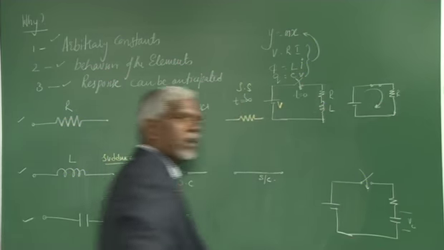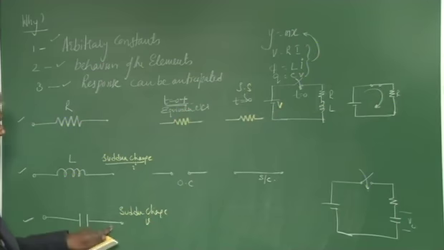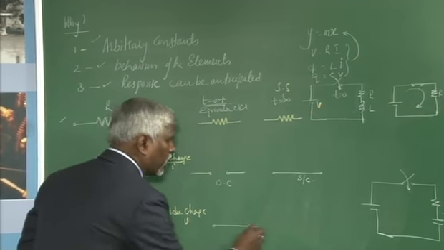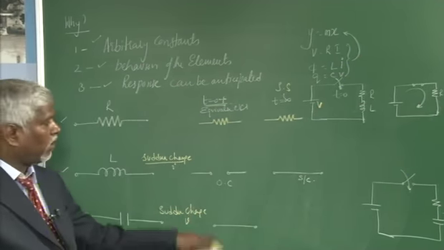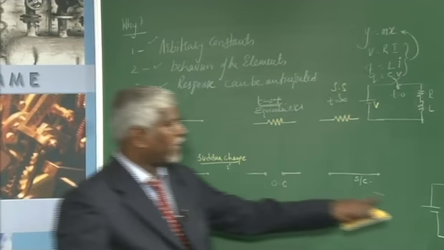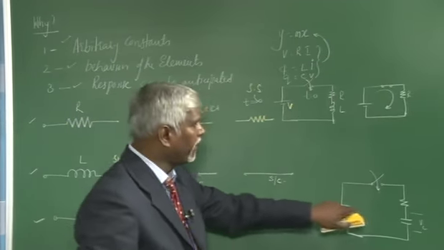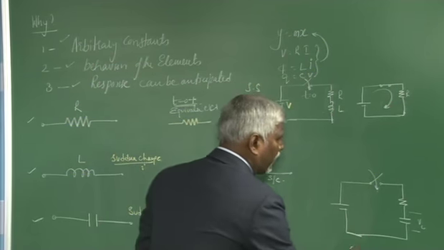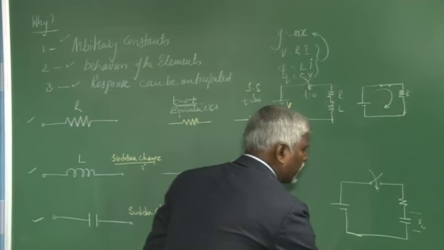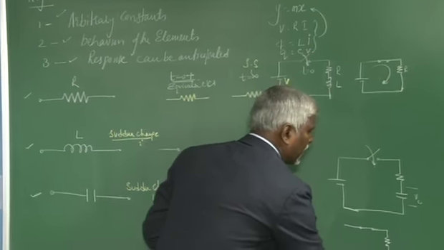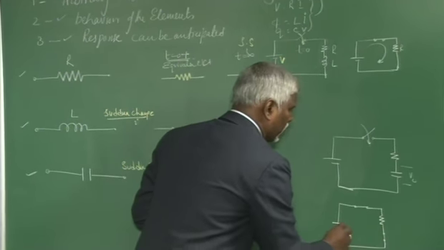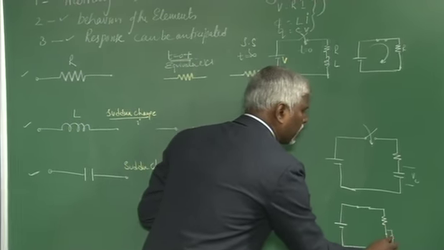Therefore, I have to represent the capacitor as a short circuit, not as an open circuit, because the capacitor voltage will be 0 immediately after closing the switch. In the equivalent circuit after closing the switch, I need to write the capacitor as a short, because it does not allow any sudden change in voltage.